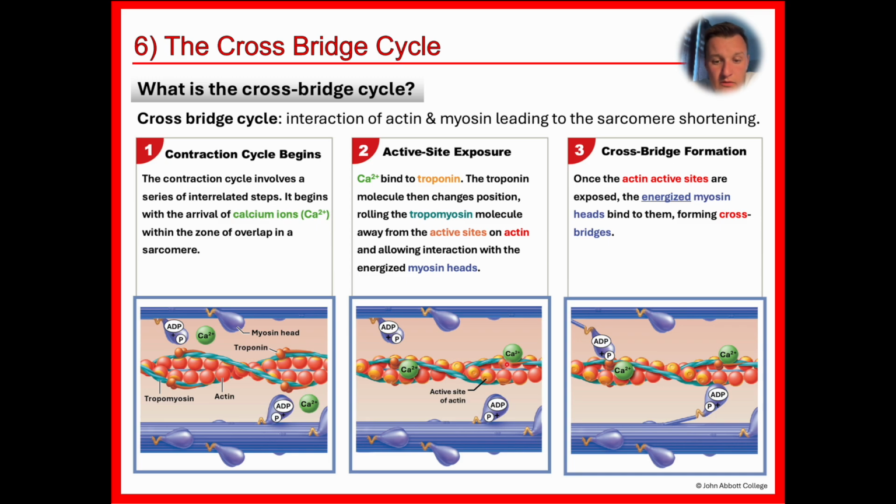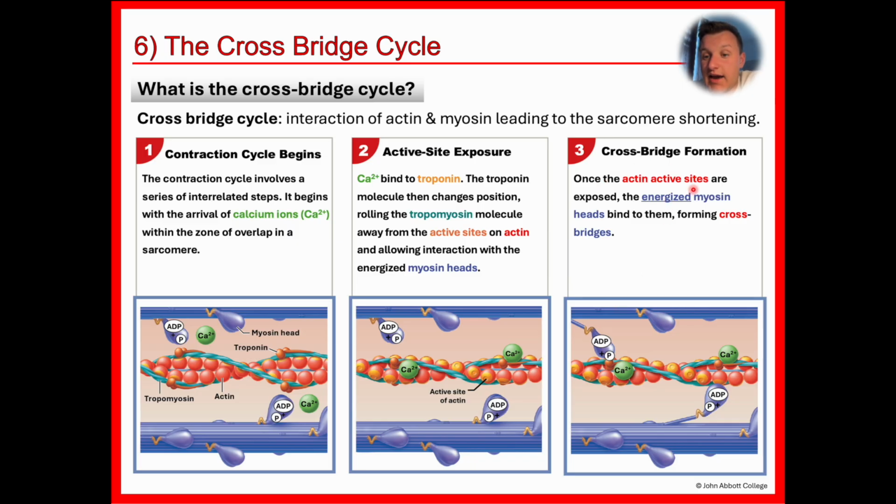Now that the calcium bound to the troponin and moved the tropomyosin, you see these active sites in yellow on the actin. This allows for the interaction between the myosin heads here and here and here with the active sites of the actin. So now there will be a cross bridge formation.